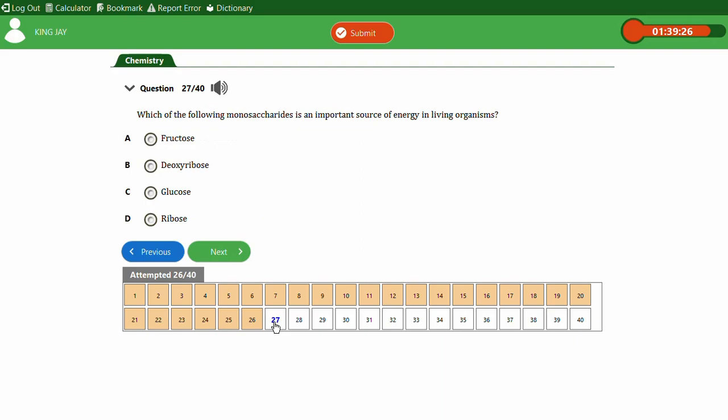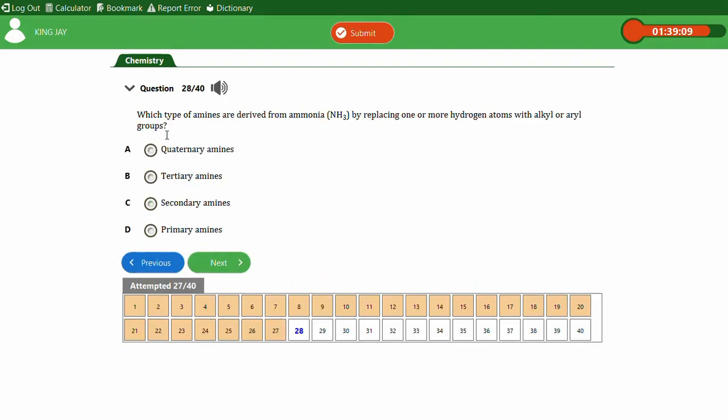Question number 27. Which of the following monosaccharides is an important source of energy in living organisms? This is a little bit related to biology. So it is glucose, an important source of energy.